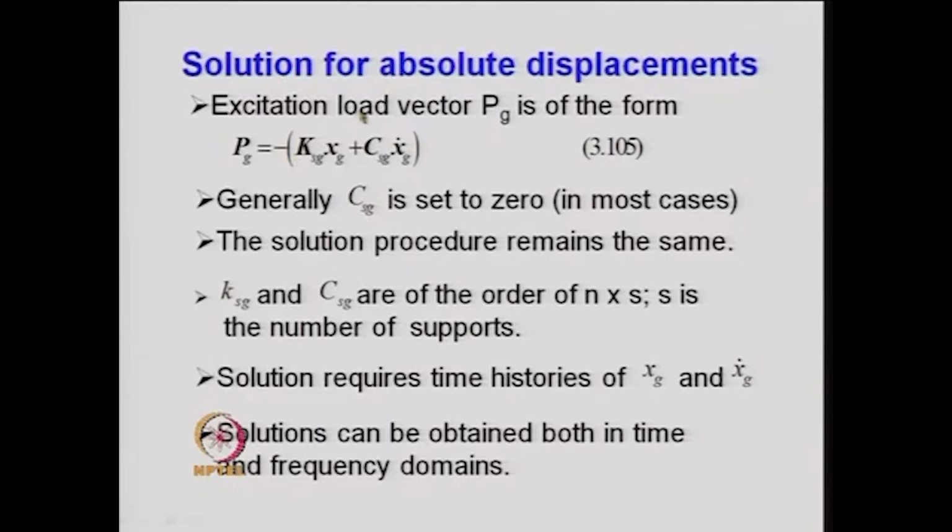On the right hand side, instead of the acceleration, we require the knowledge of displacement and the velocity that we discussed before, and generally we assume that these Csg, that is the coupling term in the damping matrix, are set to 0 because that is very small, and in most cases we only consider Pg to be equal to minus Ksg into Xg.